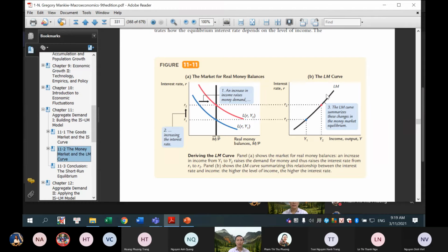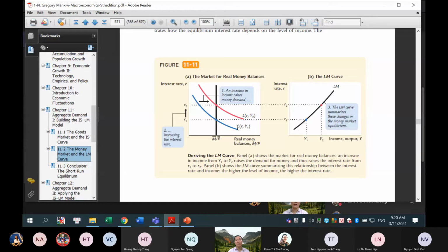Looking back at this graph, you can ignore the red line on the left panel diagram. Now if the money supply, the vertical line, shifts to the right, the interest rate would be lower, even with income unchanged.